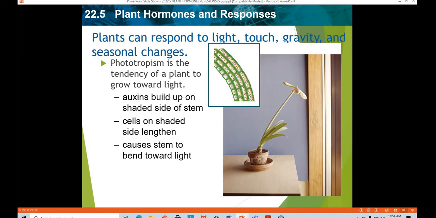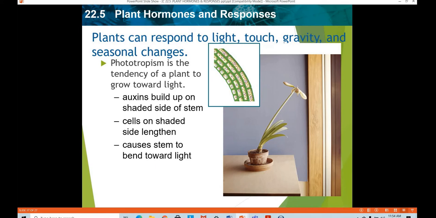So let's say you turn that plant around so that it's pointing away from the light. If you come back in a few days, you will likely find the plant growing in the direction of the light again. So this response shown by the plant, bending or facing towards the light, is known as phototropism.